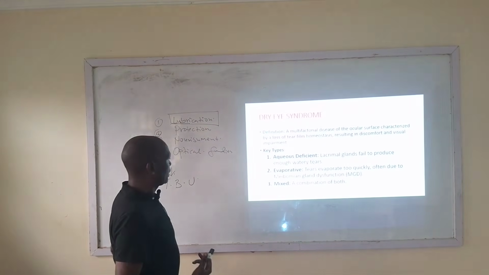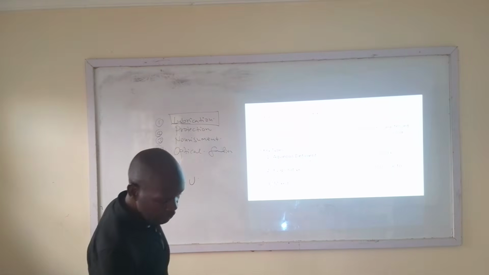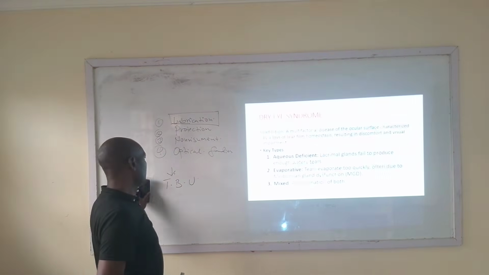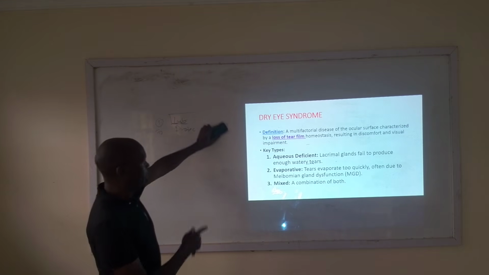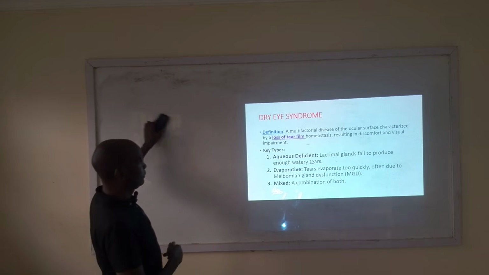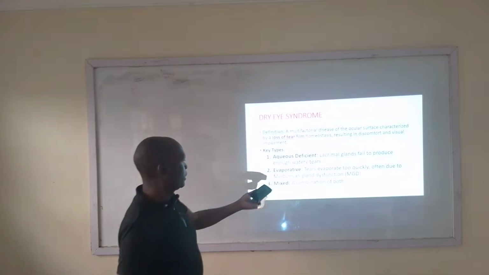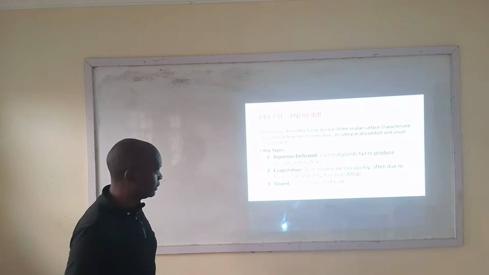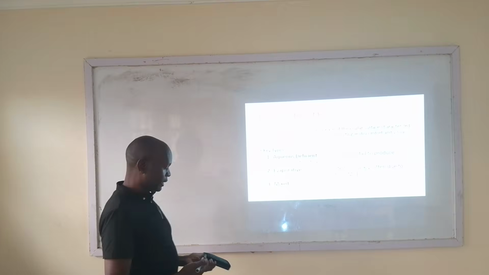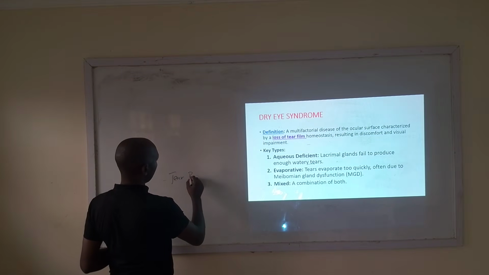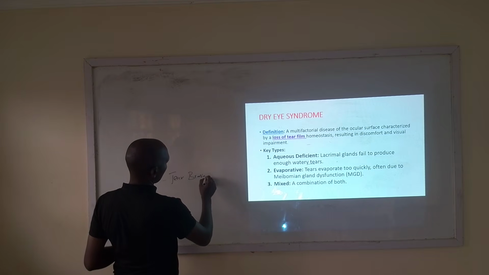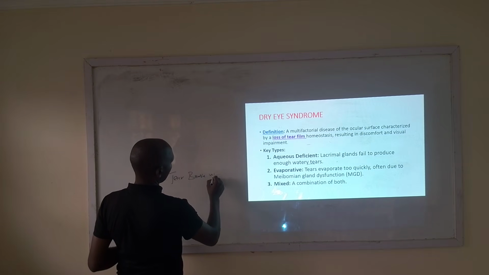So if our lacrimal gland fails to produce enough tears, particularly the aqueous layer, then you get dry eye syndrome. Another issue is to do with the evaporation. And evaporation is basically tear breakup time.